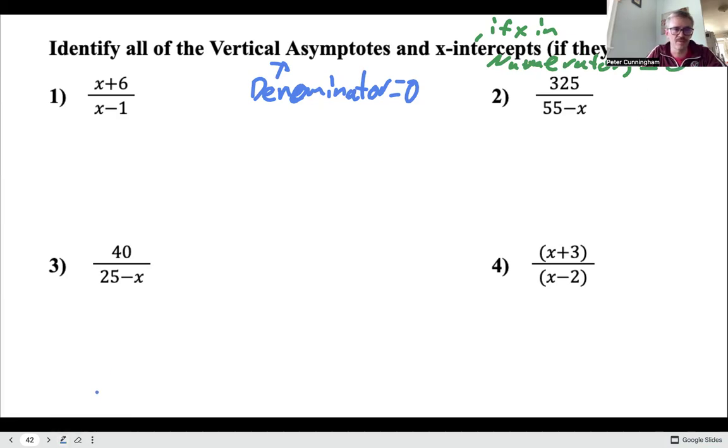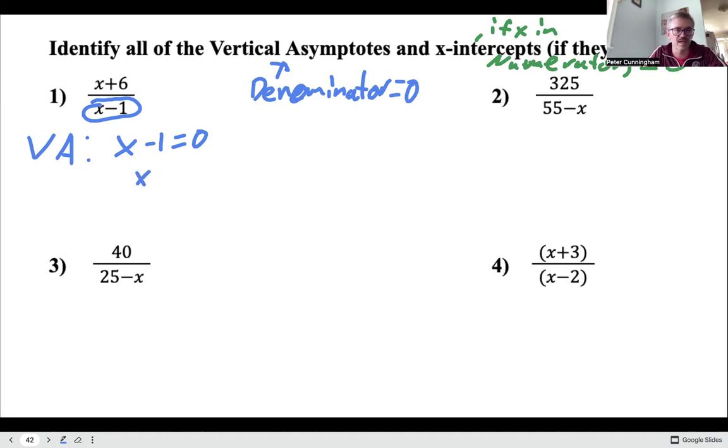Okay, so I'll try to remember to do them in separate colors. So the vertical asymptote for this line, I take the denominator and I say, hey, x minus 1 equals 0, which means it's just like solving for zeros with quadratics or with the polynomials and end behavior that we were doing, right?